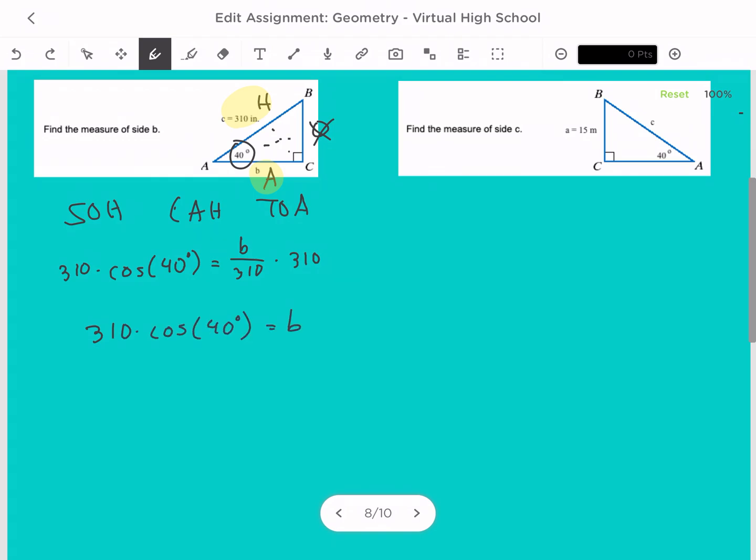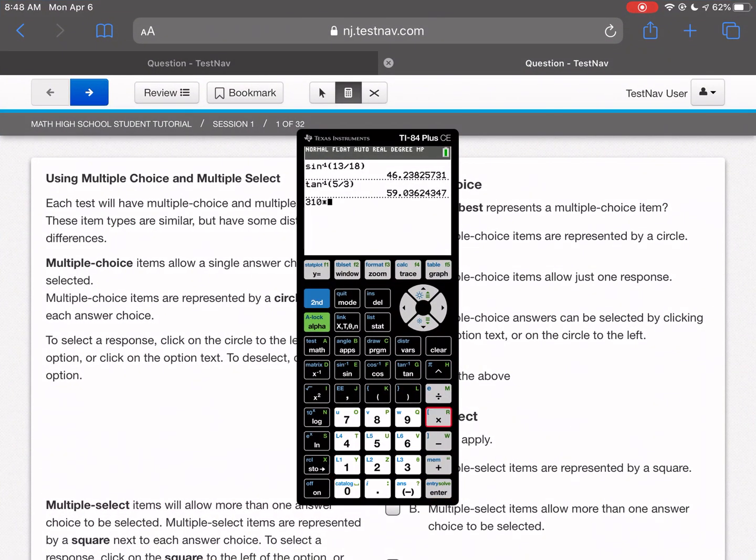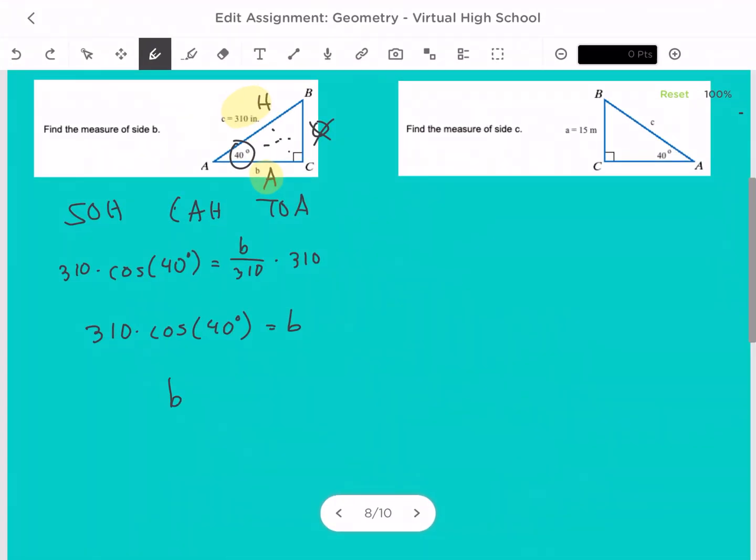So now all I'm going to do is go back to my calculator and type that in. 310 times the cosine of 40, and that gives me 237.47. So that means b is equal to 237.47. Okay, inches, I guess.